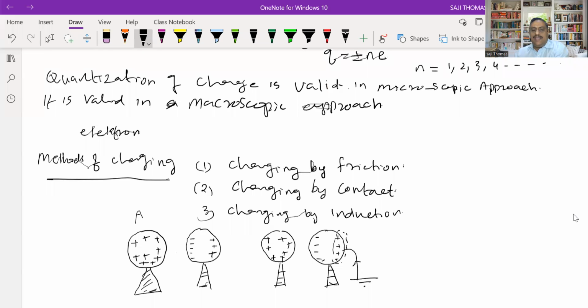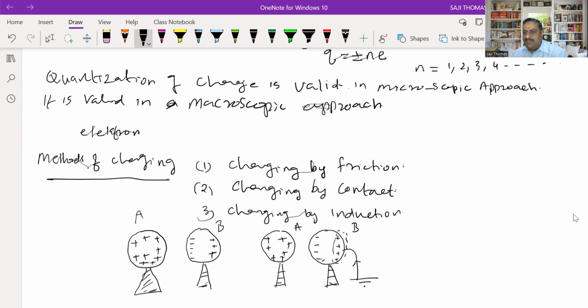I take this as object A, and this is object B. Now you remove the first object away. After it is neutralized, disconnect from the earth. But A should be near it.